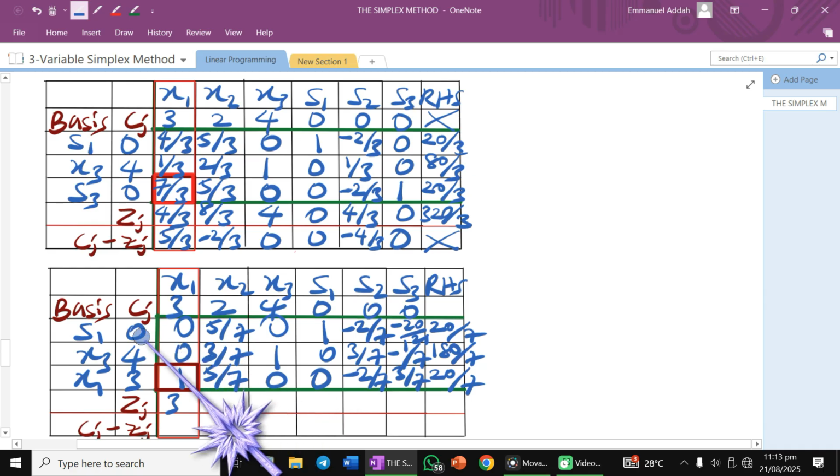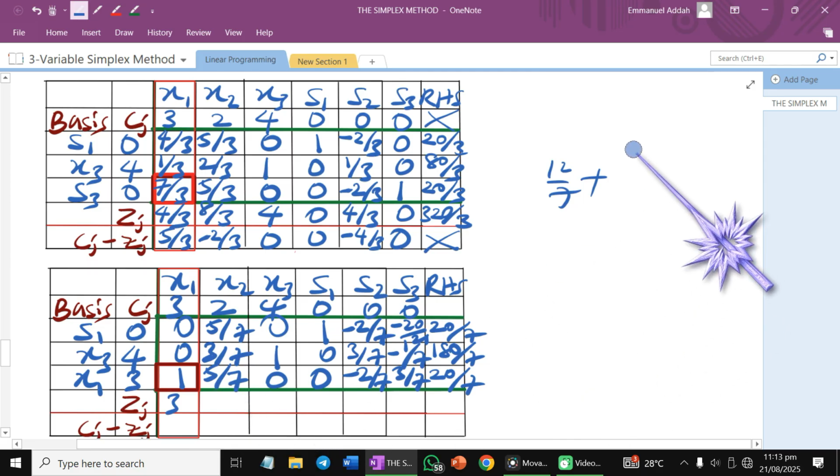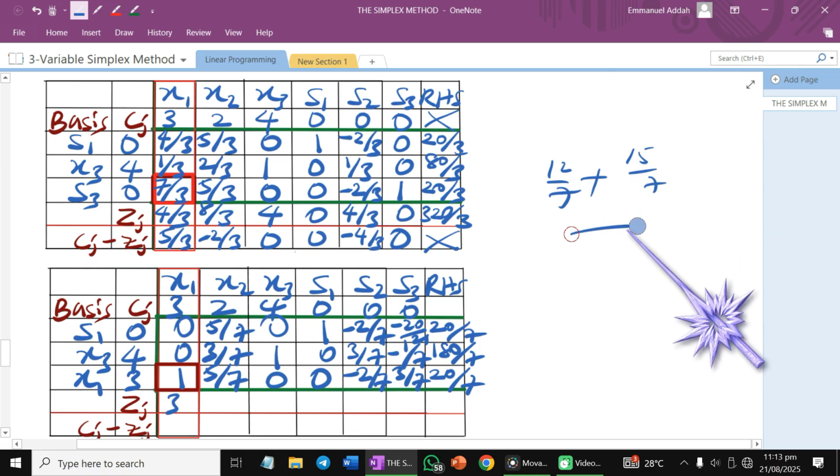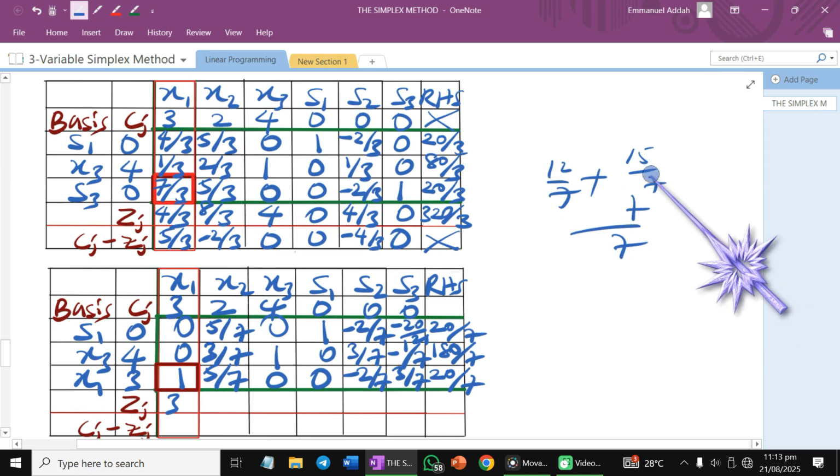Here, 0 times 5 over 7 plus 4 times 3 over 7, which will be 12 over 7, plus 3 times 5 over 7, that will be 15 over 7. 12 plus 15 gives 27 over 7. Here will be 27 over 7.